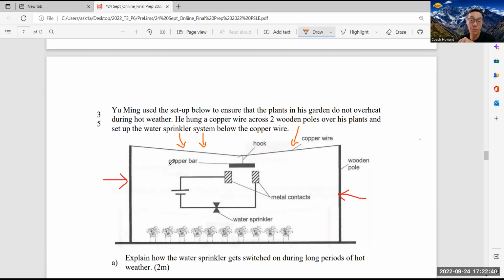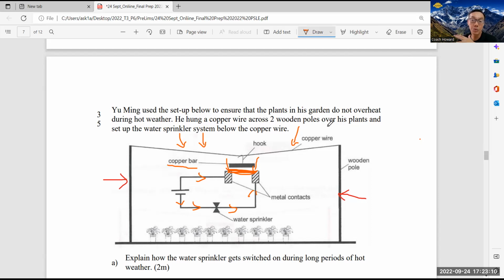So the weight of the copper bar will cause the wire to drop downwards, and this part will be connected by the copper bar. So when that is connected, you look at here, this is a battery. So electricity will flow through here, turning on the water sprinkler.